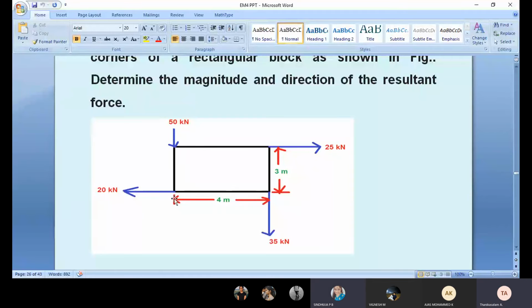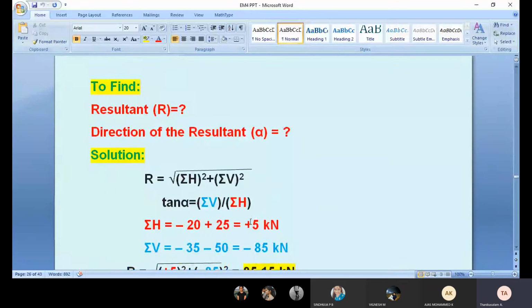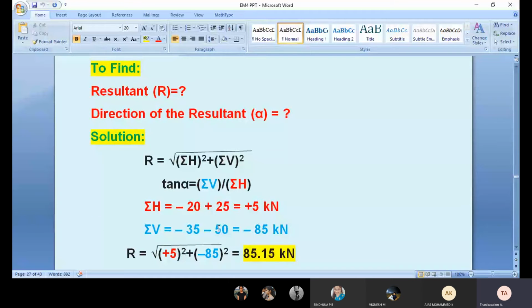Downward means minus. See, downward means minus y direction. You are telling positive. That's why I'm telling you to always concentrate on plus, minus, and sin theta, cos theta. Here, no need for cos theta, sin theta, because all are horizontal, vertical only. So minus 50 kilonewton. Why minus? Vertically downward. And 35 also vertically downward. So minus 35, minus 50, minus 85 kilonewton.